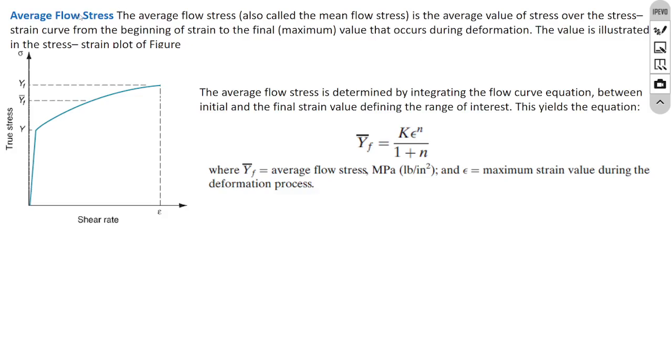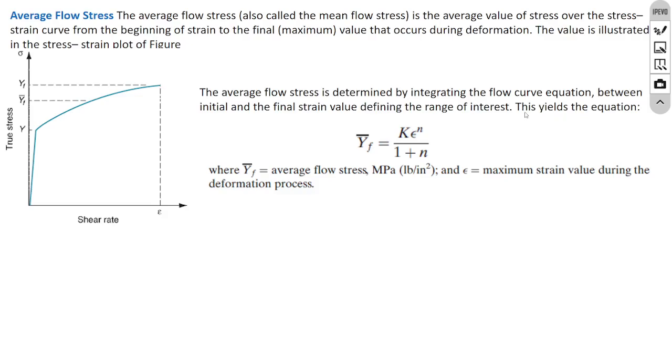Average flow stress, how can it be calculated? The average flow stress is determined by integrating the flow curve equation between the initial and the final strain values. Initial strain, final strain.